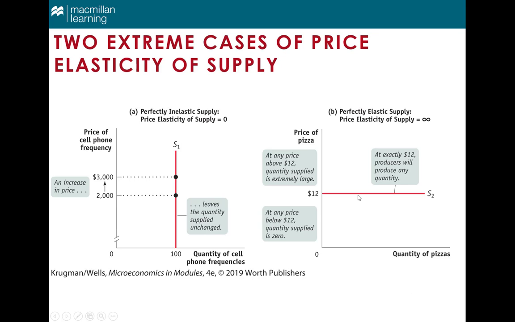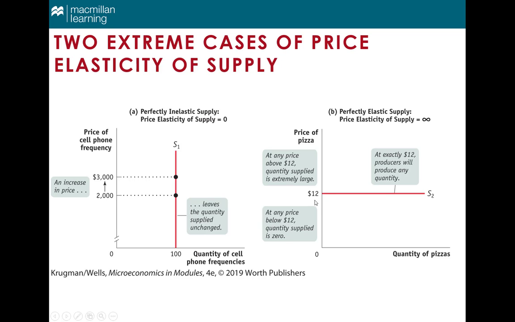What about this other extreme case, where with a small reduction in the price, there is a reduction in the supply to 0. But when there is an increase in the price, there is a very large, infinite increase in the supply.